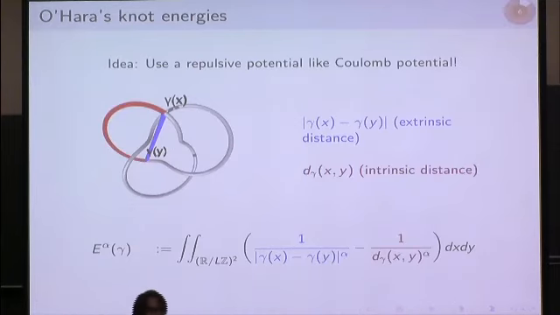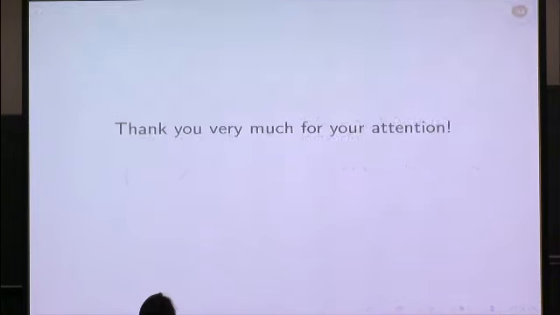So we better subtract a term that makes it finite. And we subtract nearly the same term. We just exchange the Euclidean distance, the extrinsic distance, by a different distance, which is the intrinsic distance. So we just take the length of the shortest arc connecting our 2 points. And that's an ansatz that works, and that's due to O'Hara.